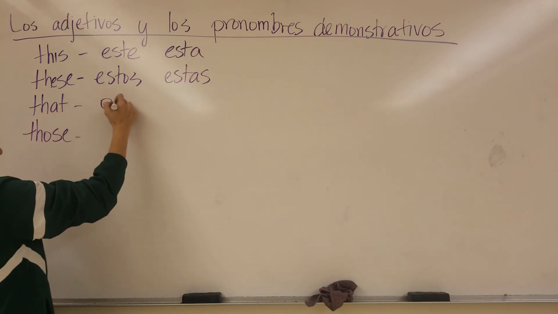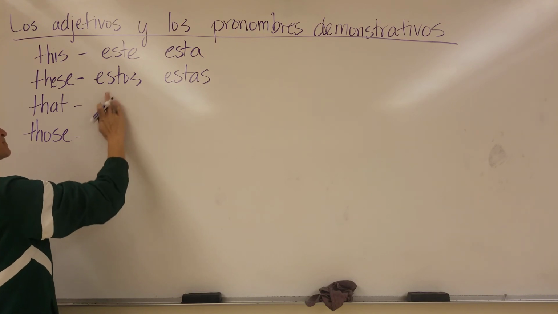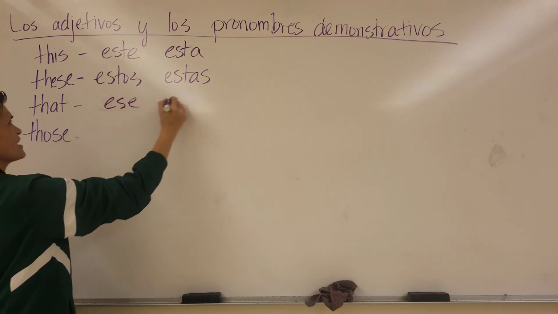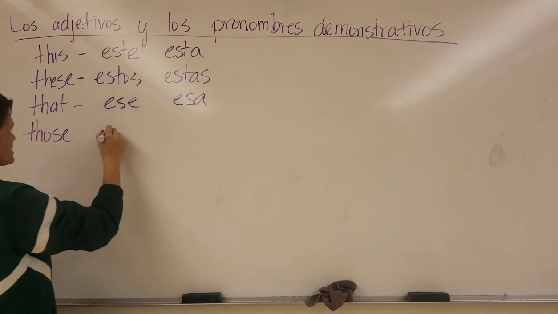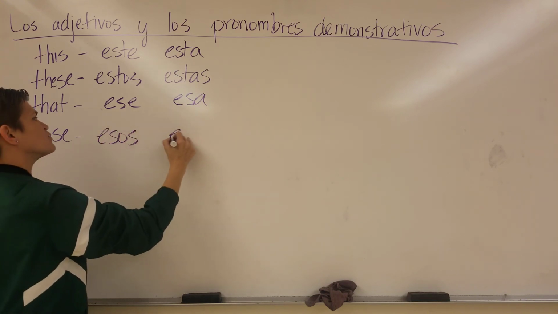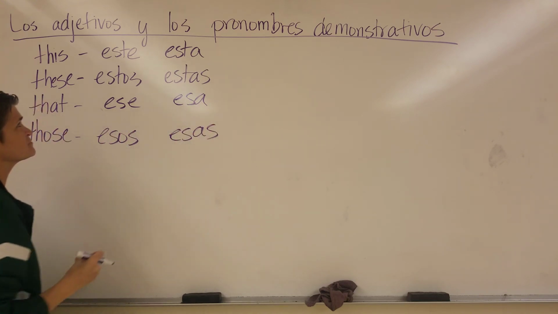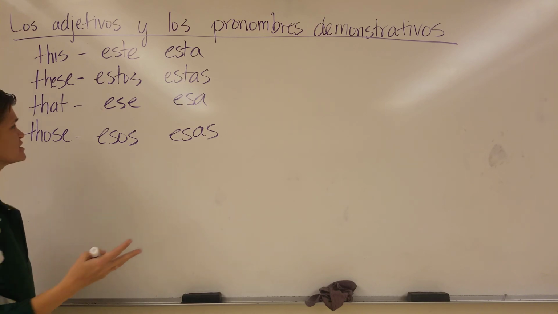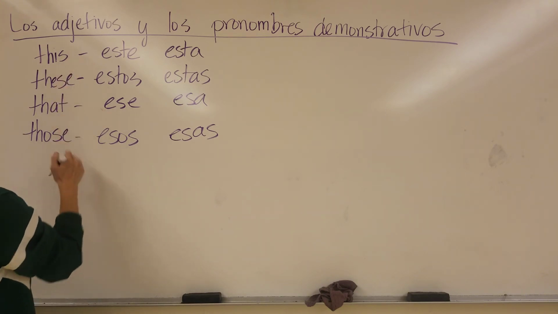That and those was either ese, esa, esos, or esas. And then there was a third one in Spanish. In English, we just have this and that.